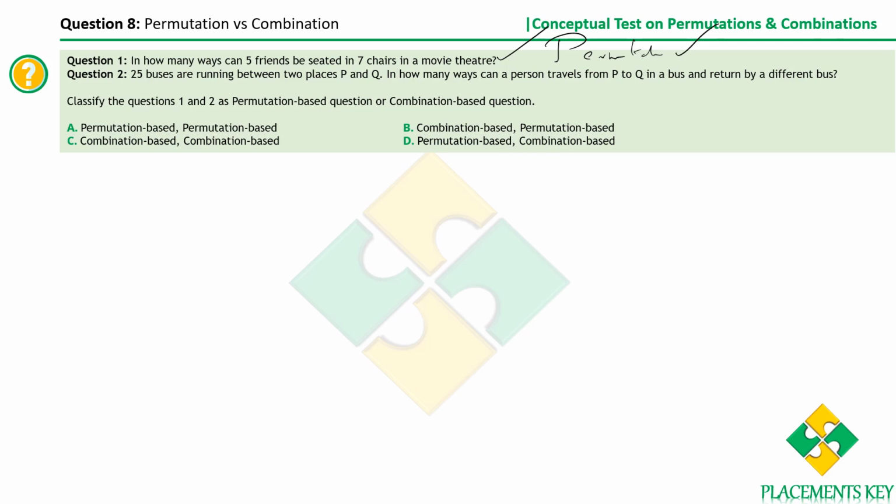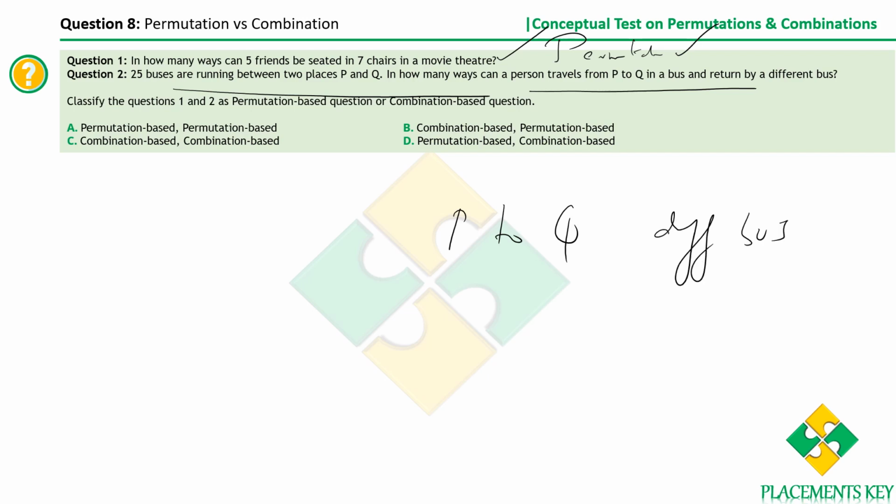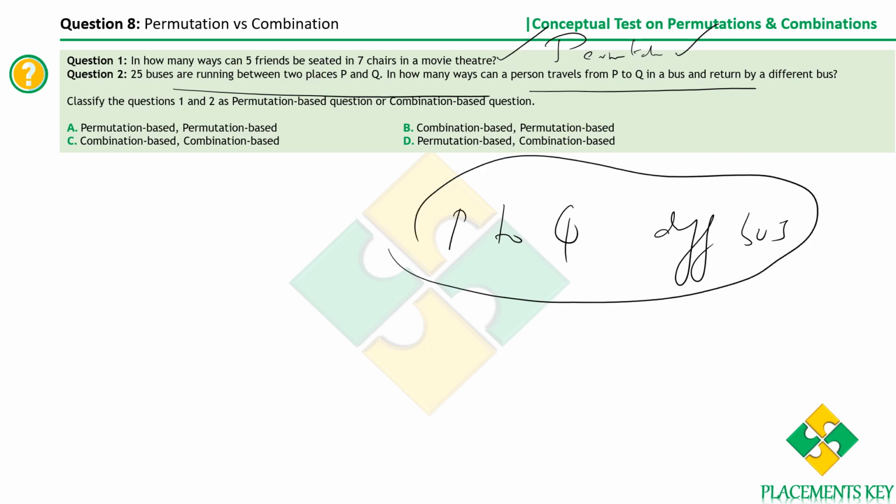Okay. Now 25 buses are running between 2 places. In how many ways can a person travel from P to Q in a bus and return by a different bus? So order seems to be important here, therefore it has to be a permutation based question. Let's get back to this question later.